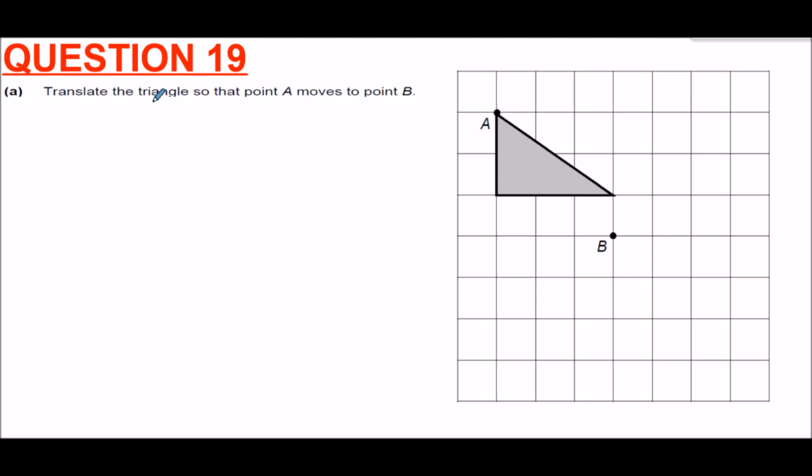Question 19. Translations. A translation is when the shape just moves. So it doesn't get any larger, it doesn't get rotated, it doesn't get reflected, it stays the same way up, the same size, but just moves. And so what's happening is, point A moves to point B. So what you might want to get, you don't have to, but it could help, is tracing paper. So here's one I've traced out earlier.